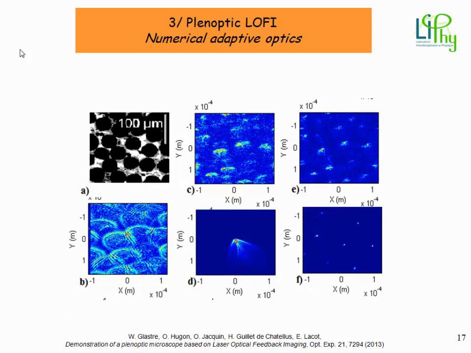This slide now shows the capabilities of our Plenoptic LOFI microscope for the numerical correction of optical aberration. Again, here we have imaged silica beads. In this experiment, contrary to the paraxial lens usually used, we have used a lens which introduced large optical aberration in our setup.